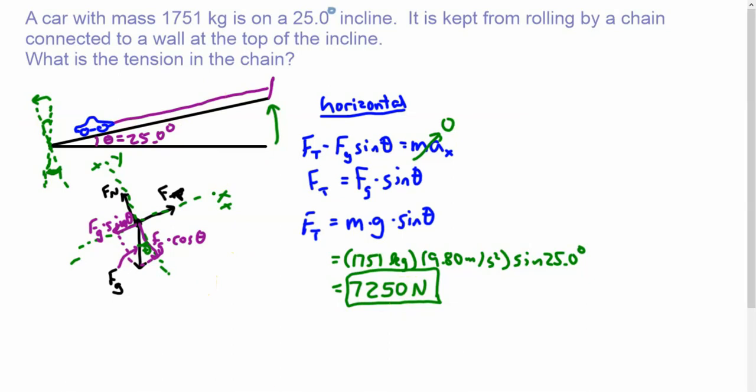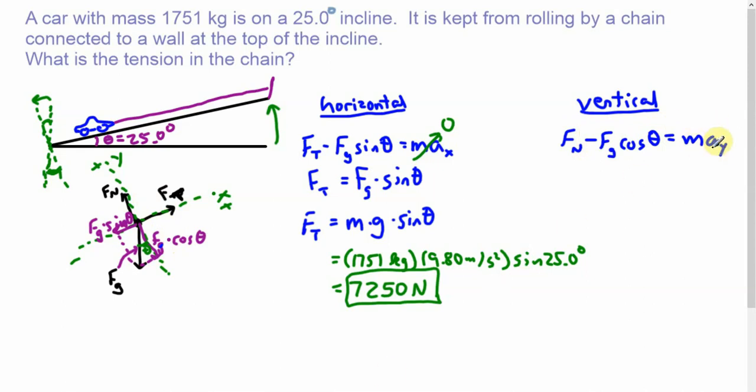Okay. Now we're done with the problem, but we could also have done vertical, and just for practice, let's also write down F equals ma for vertical. So with vertical, we have the normal force in the positive direction, and we have a component of gravity in the negative direction. This is the cosine component, and that's going to equal ma, but the vertical a.